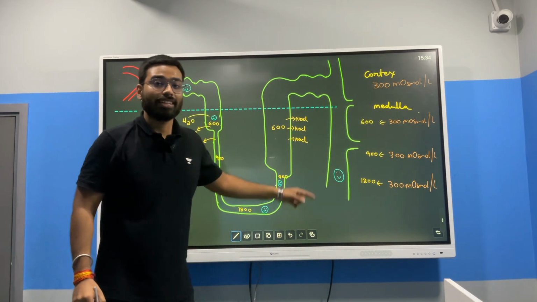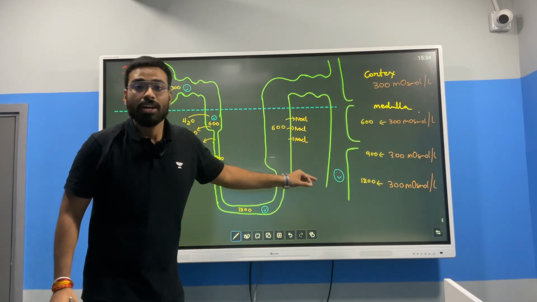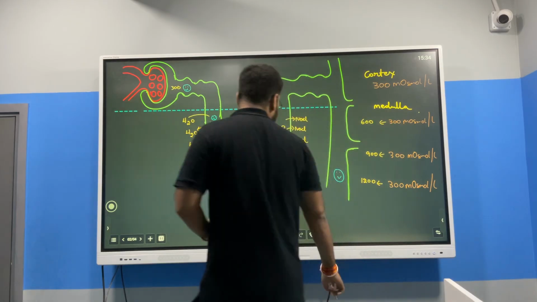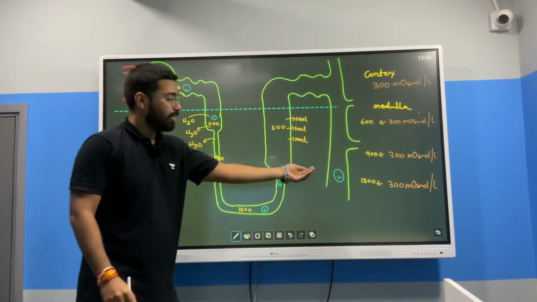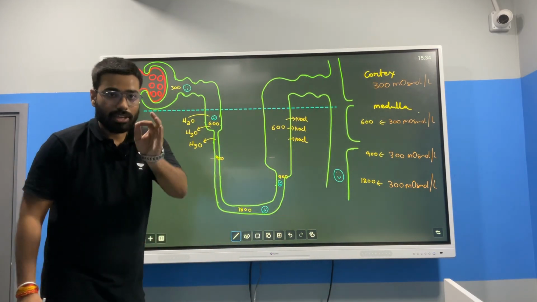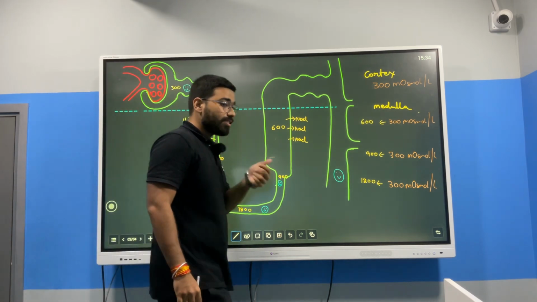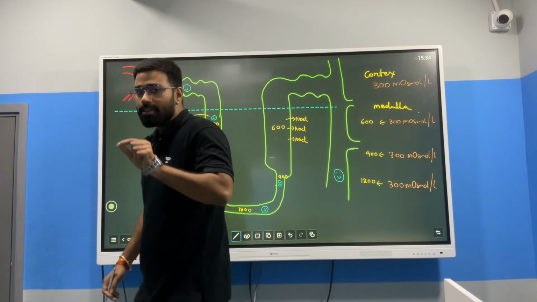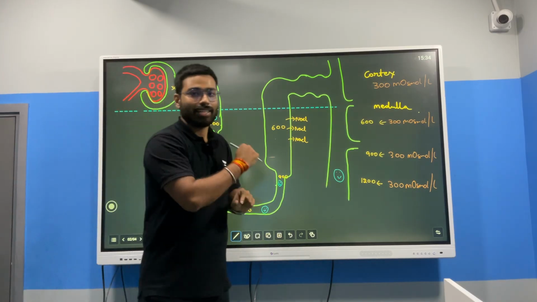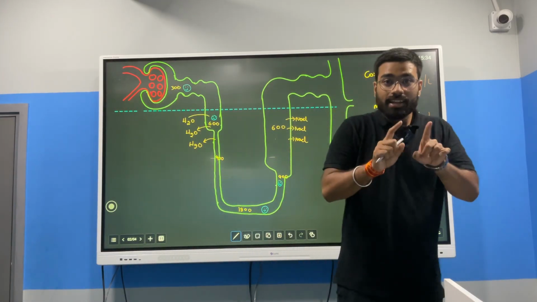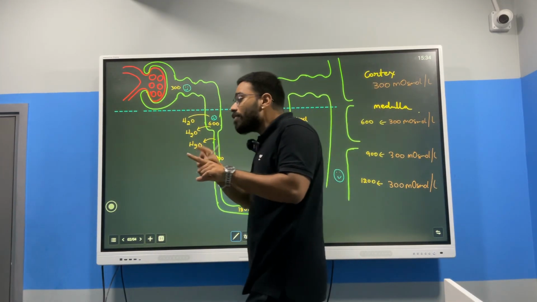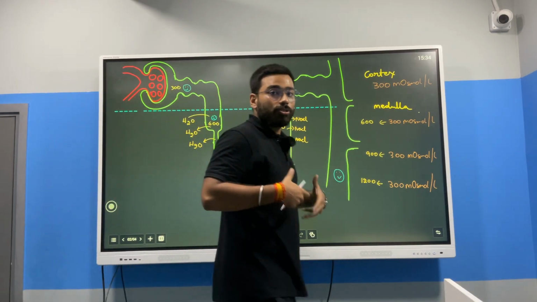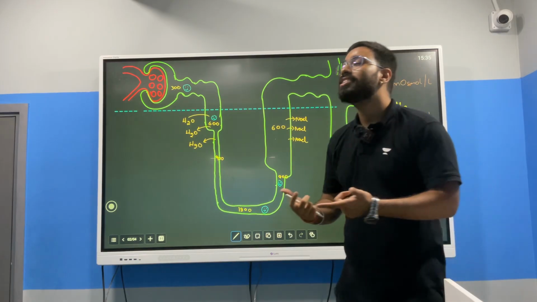He said, the lower part of the collecting duct is permeable for the reabsorption of urea. Now if you go and study the first page of this chapter, in the last paragraph, second last line, it is written that some amount of urea is reabsorbed to maintain the osmolarity of the inner interstitium.